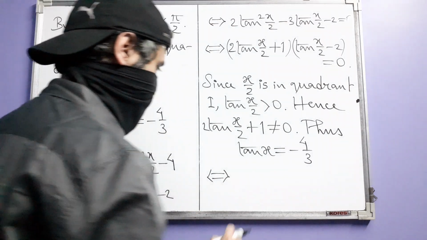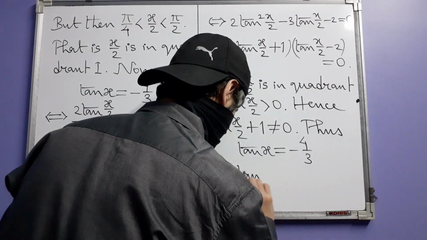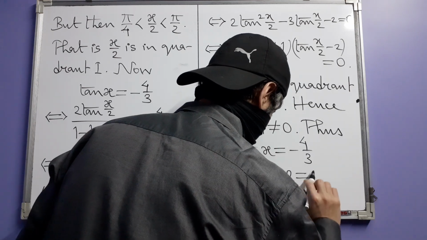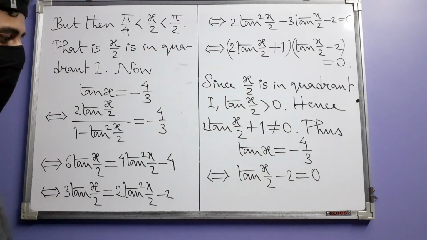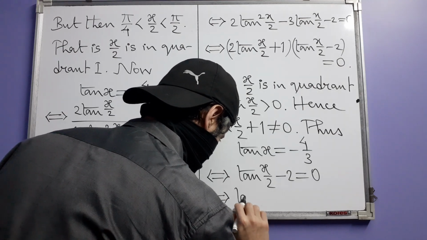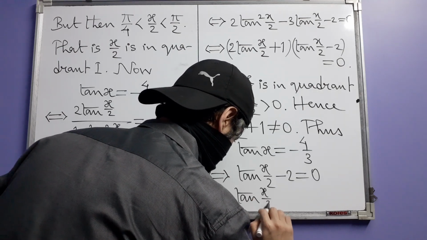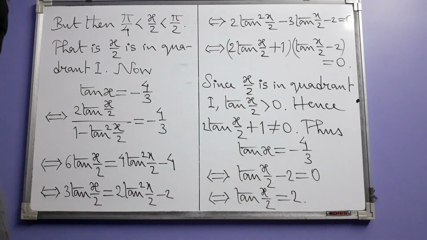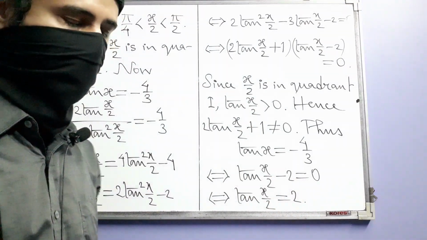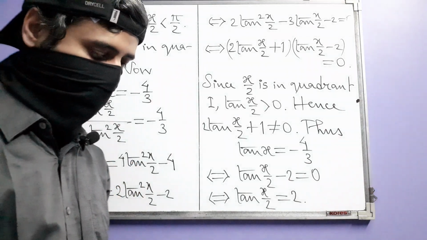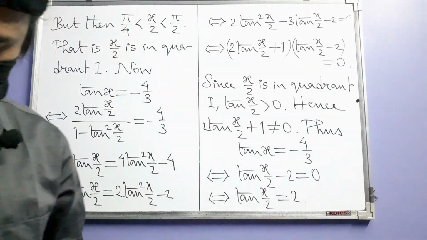If and only if this, which means that this is 2. So we have already found tan x divided by 2. So one of the values we have found. Now we have to find the sine and cos.